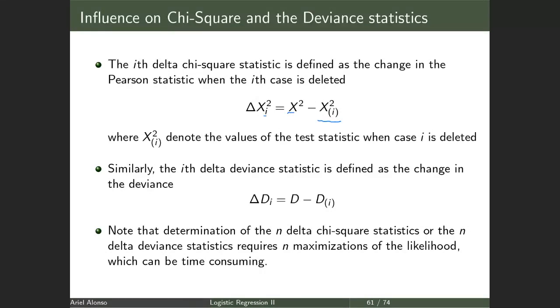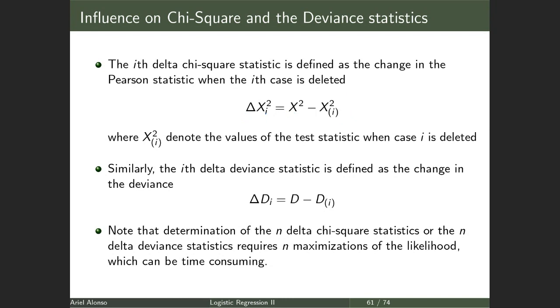So it's called the ith delta chi-square statistic, and it's defined as the difference between the general chi-square when every data point is considered, and the chi-square you will get if you omit one observation. And that will tell you to a certain degree how influential that i observation is. Because if this gives a huge reduction, then this observation is changing the chi-square dramatically, right?